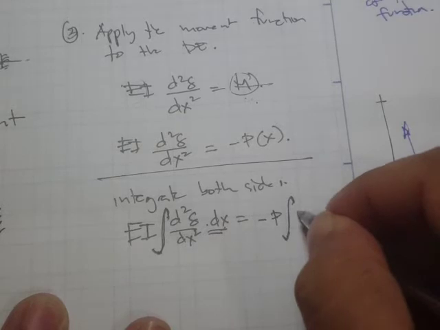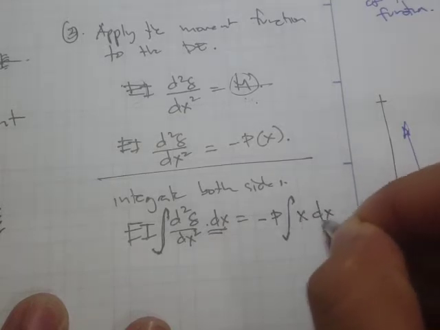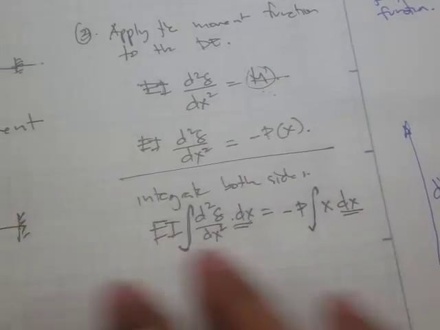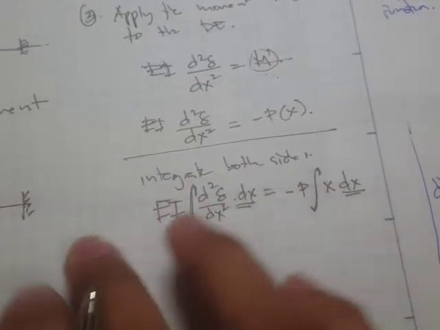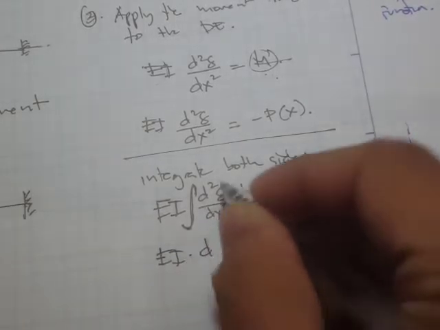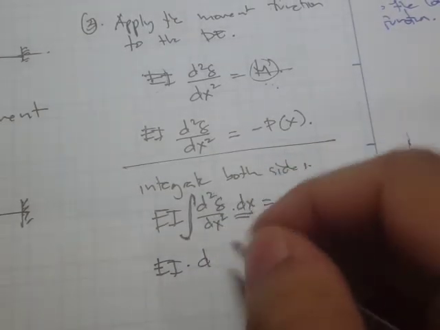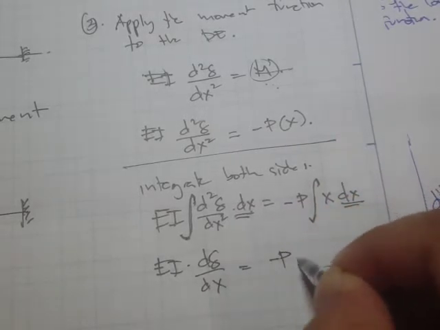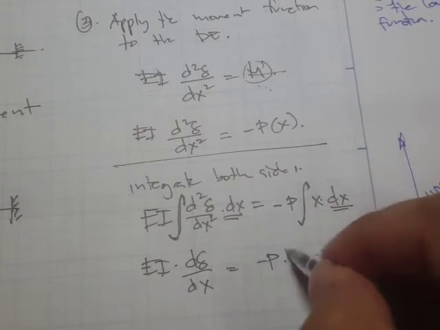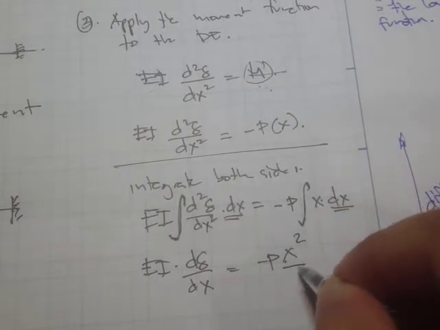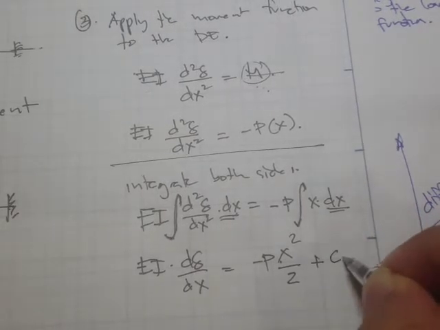Negative P times x, times dx, because the integral is with respect to x. If we do the operation, EI times this will reduce to the first derivative, dy/dx, is equal to negative P times, this is just the power rule, x squared all over 2 plus the integration constant c sub 1.